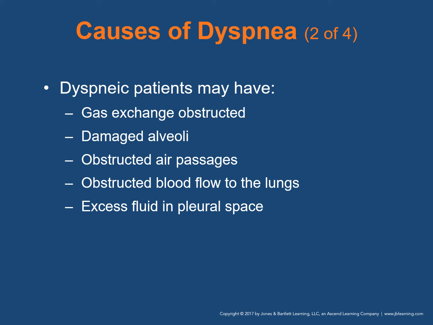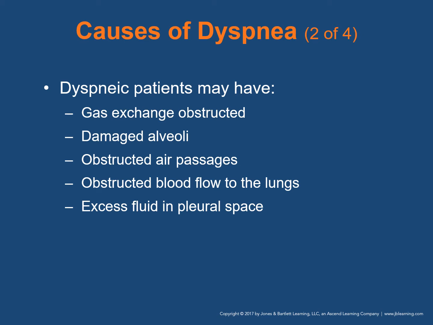Floppy airways: if they're relaxed and they have an obstruction, maybe by their tongue, or the epiglottis swells from epiglottitis, or chemical inhalation, or superheated air inhalation, that's an inhalation injury, that can cause swelling. Even muscle spasms, or when somebody is seizing, their diaphragm and intercostal muscles are not working, so they're not breathing during that seizure.